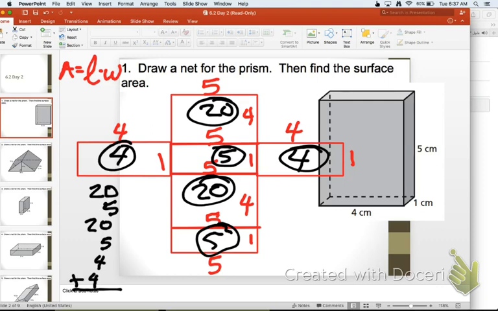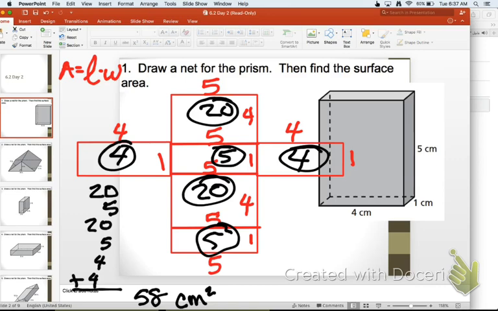And now I'm going to add all of that up. So 20 plus 5 is 25. Plus 25 is 50, so I have 58. And then we must put our units on the end, which are centimeters squared. And that is the surface area for this rectangular prism.